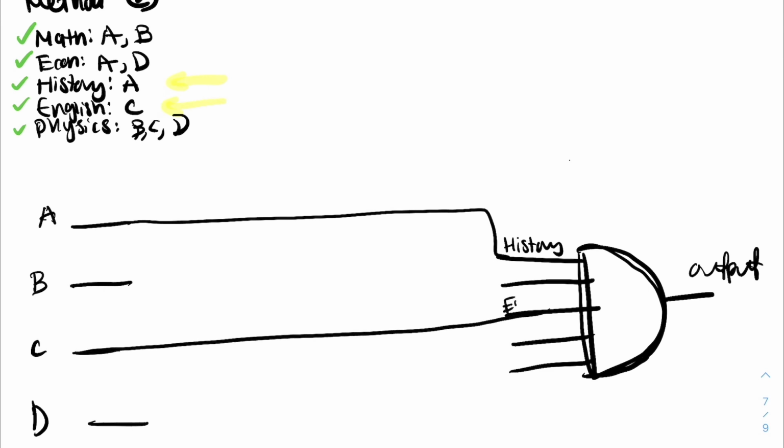Now let's think about a little bit of a harder case with the other 3 subjects remaining. Let's think about math first. We basically just need one person who's good at math for the output to fill that condition, right? And if I just need one condition to be true, logically I'm immediately going to think of an OR gate versus an AND gate, in which we would need all conditions to be true.